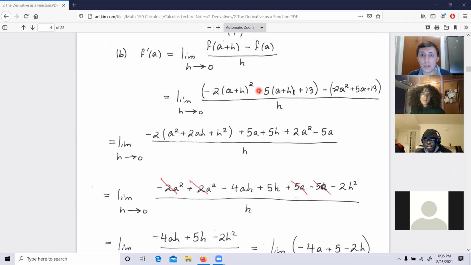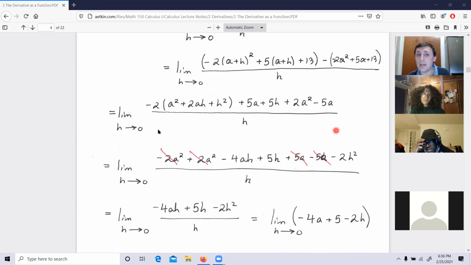So here you're expanding it, and you get here -2a squared plus 2ah plus h squared. Here you distribute the 5, so it's 5a plus 5h, right? And here I just eliminated 13. You see, I have here minus is distributed, so you have 2a squared minus 5a and minus 13, but there was a plus 13, so I eliminated them.